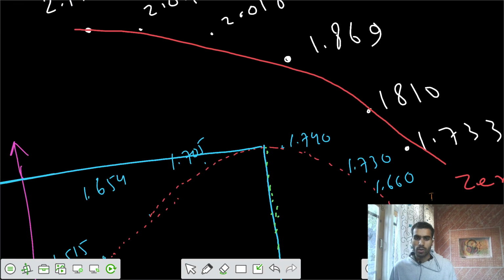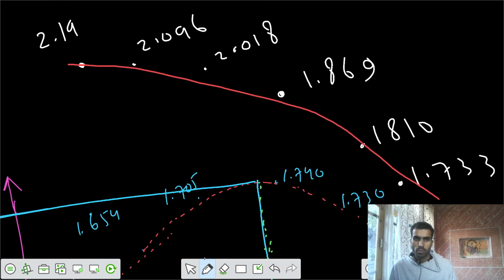Let's say that at this water content we're getting a value of 2.147. Let's say 2.147 is somewhere here. After that we're getting 2.046. Similarly, you are getting these values in this fashion.